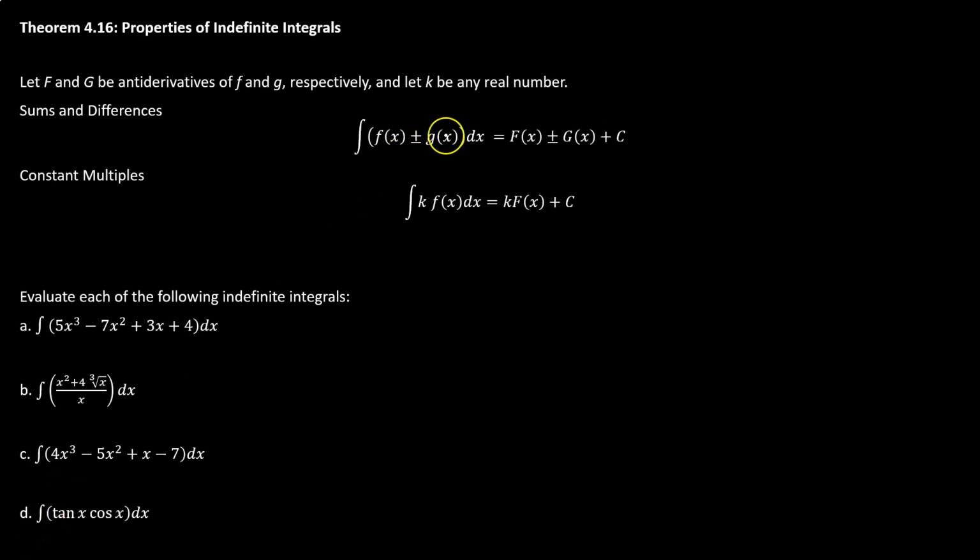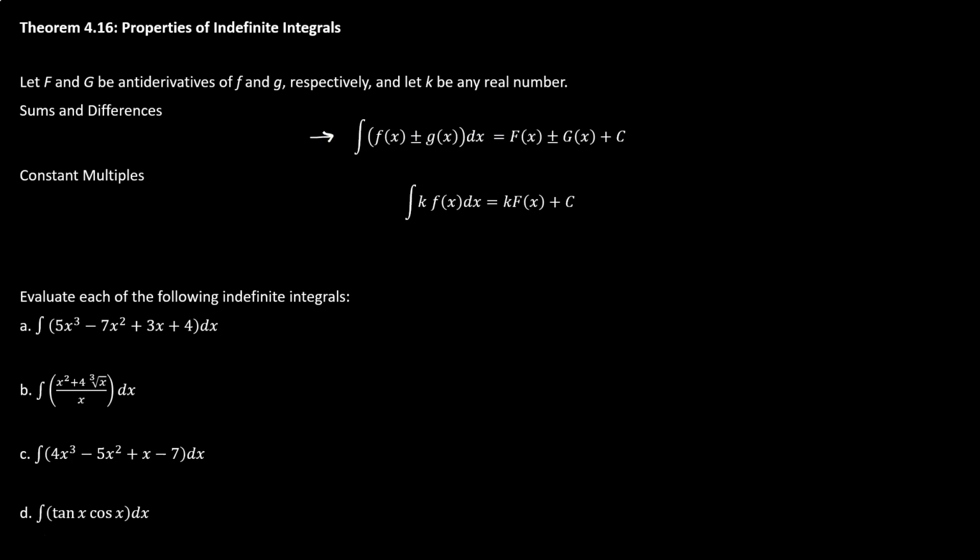We know that with derivatives, for the sum or difference of two functions, we could add them together and then differentiate, or we can differentiate and then add the derivatives together. So it only makes sense that antiderivatives work the same way.